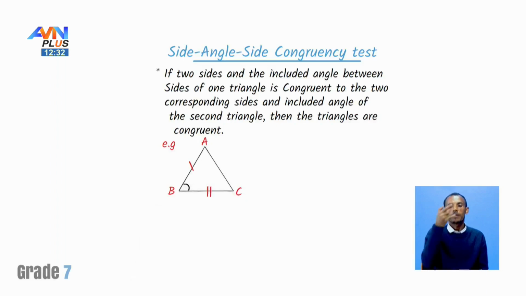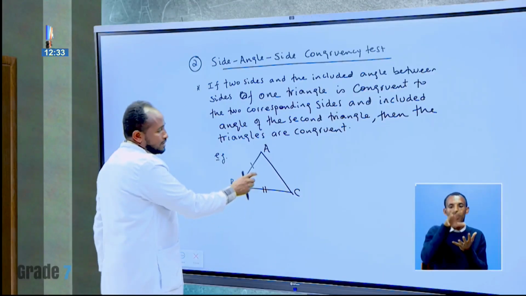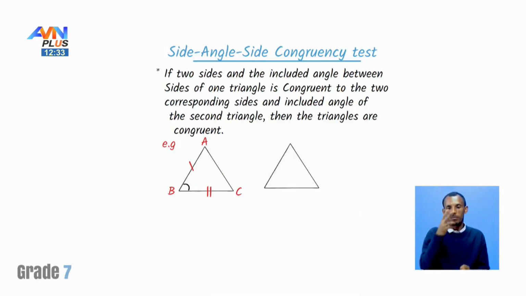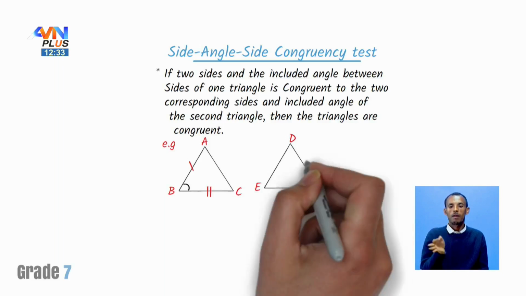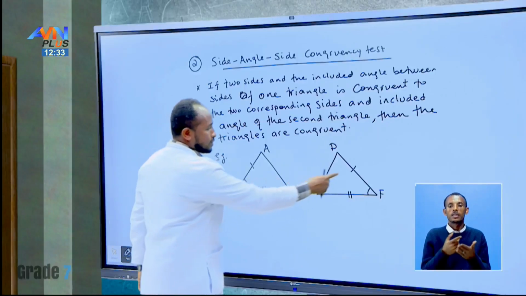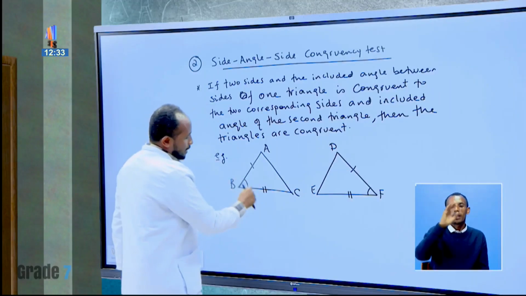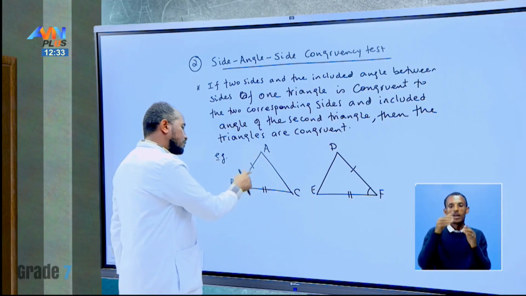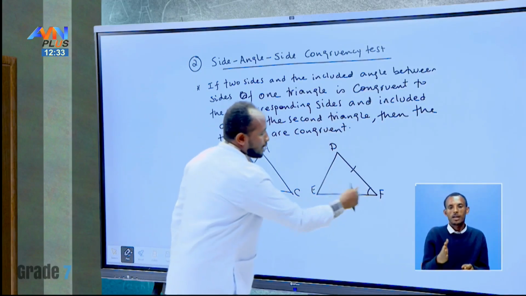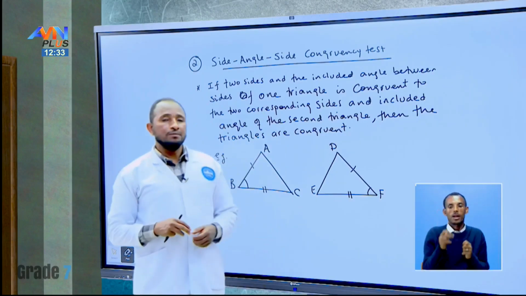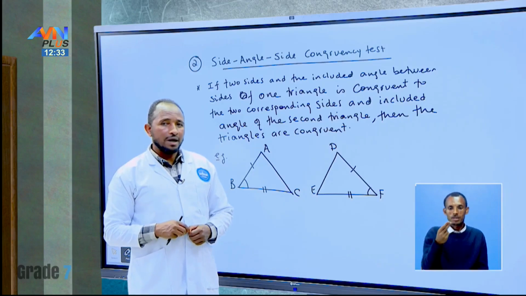If these two sides and the included angle of this triangle are congruent to another triangle here, DEF, assume this side is congruent to this one, this side is congruent to side EF, and the included angle between the two sides, angle B and angle F, are congruent, then these two triangles are congruent by the side angle side congruency test.